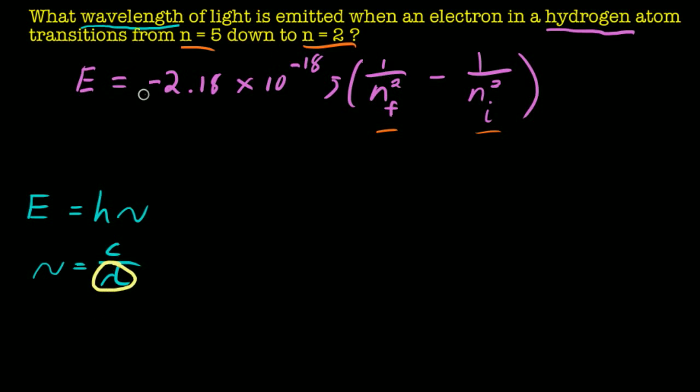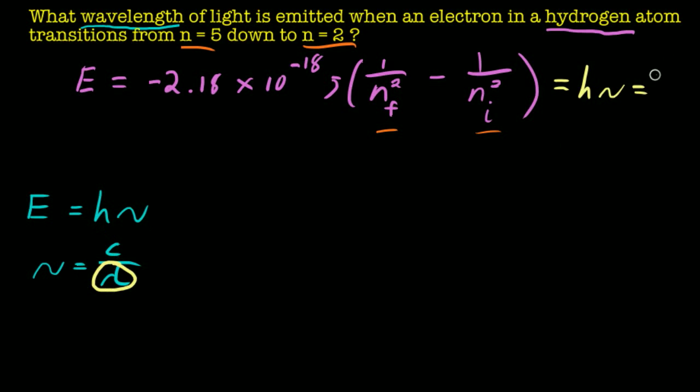So our energy is going to be equal to all of this stuff, which is going to equal h nu. And nu is going to be equal to c over lambda.